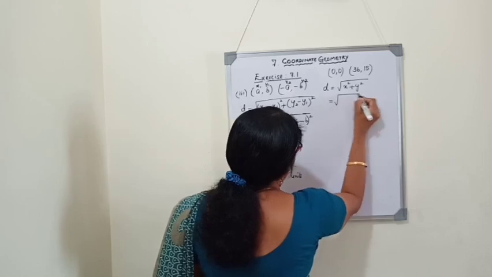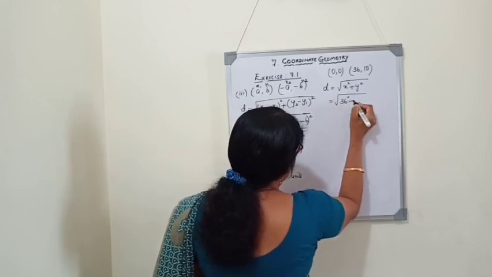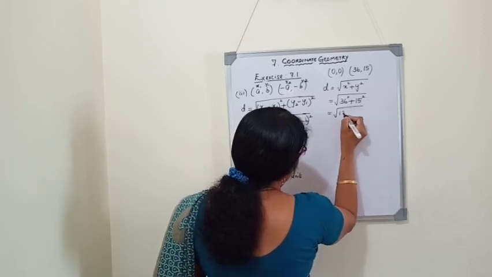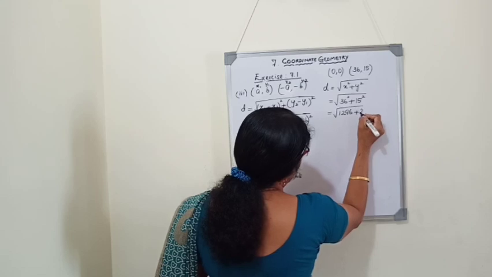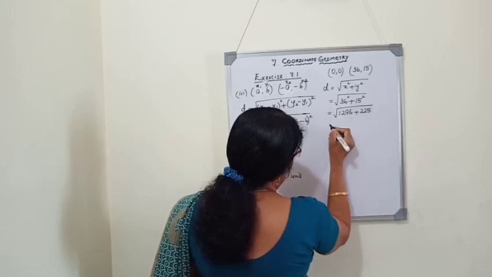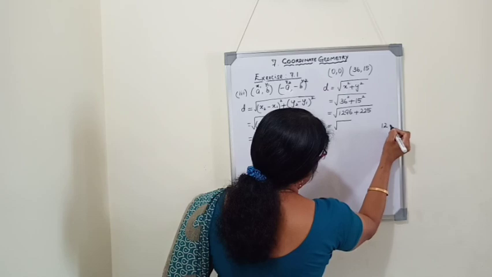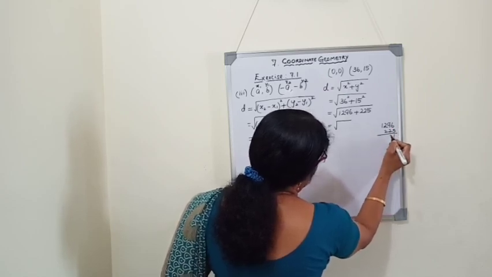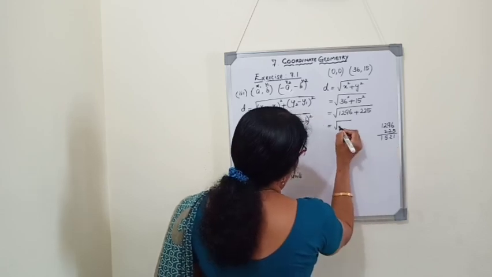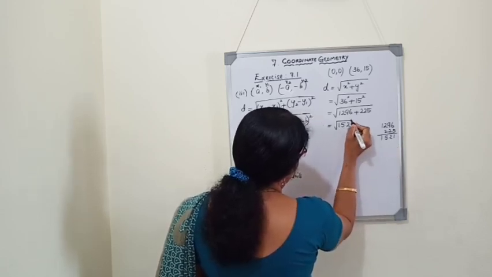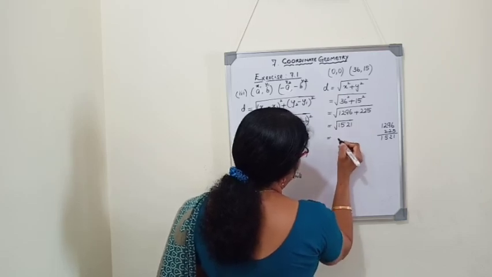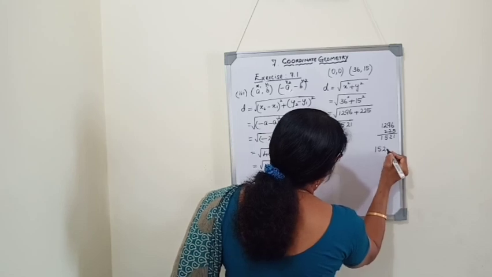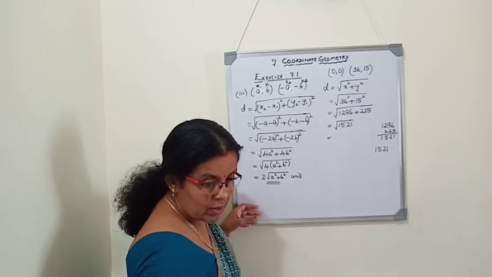So equals square root of 36 square plus 15 square. 36 square is 1296 plus 15 square is 225. So square root of 1521. So here to find the square root, we will use a long division method.